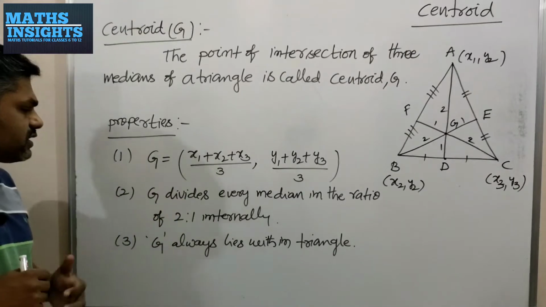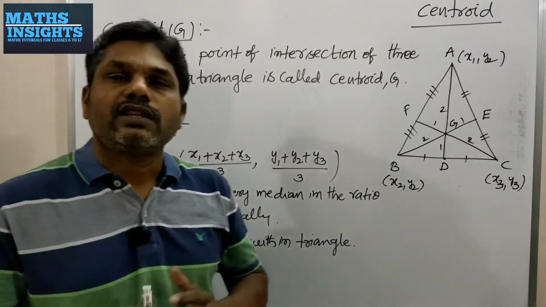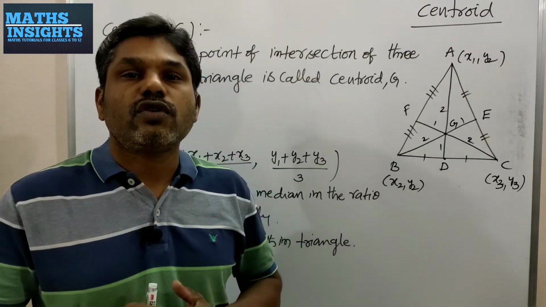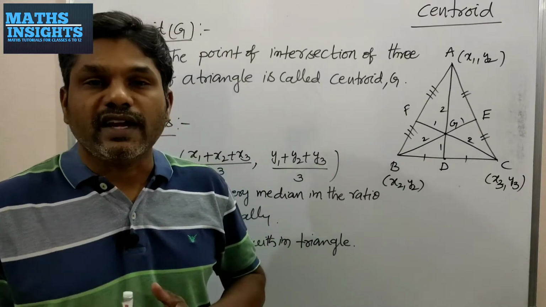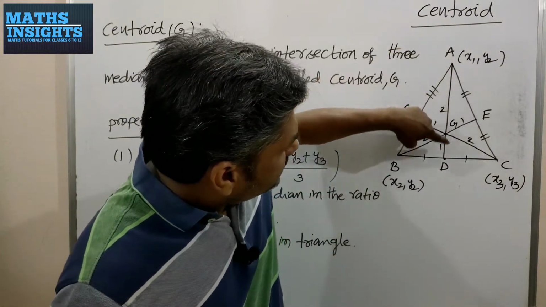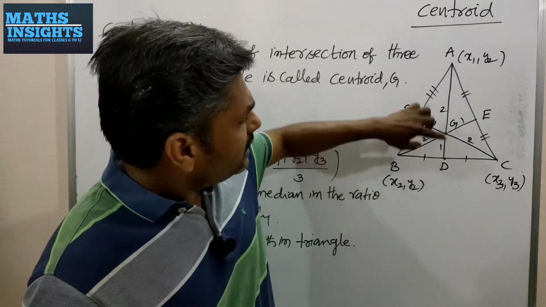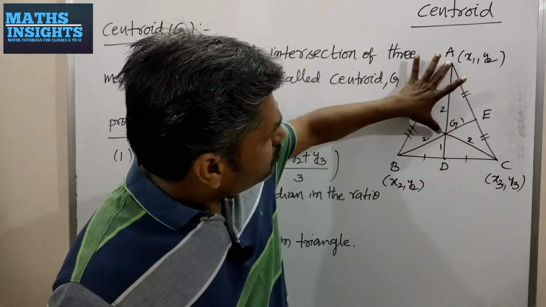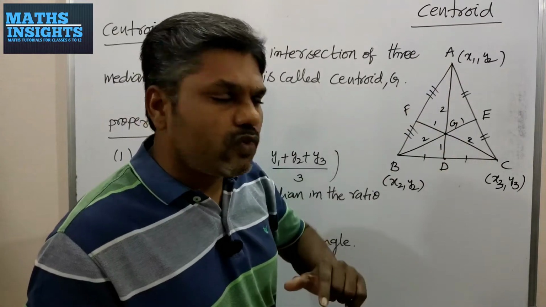Coming to the second property, the point G divides every median in the ratio 2:1 internally. That means G divides this median in the ratio 2:1: this length is two parts and this length is one part.